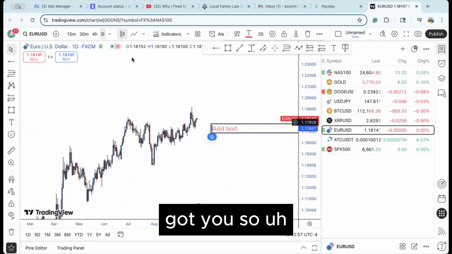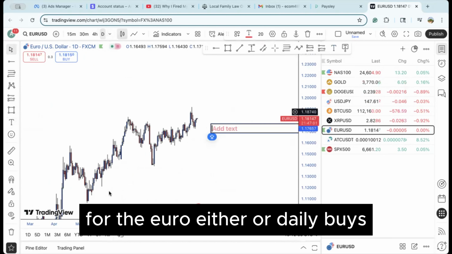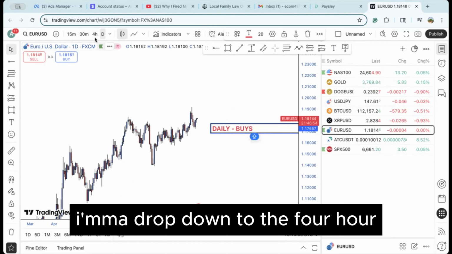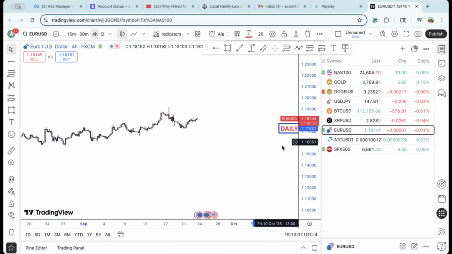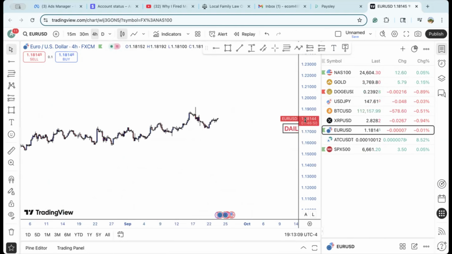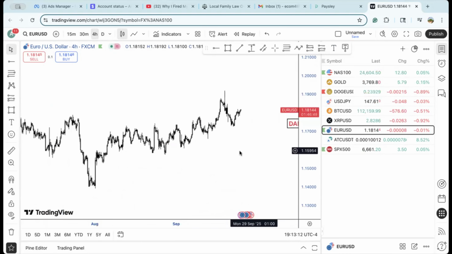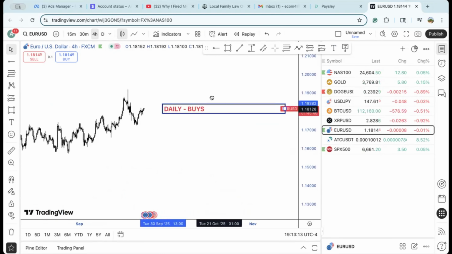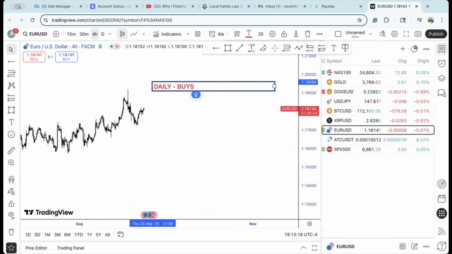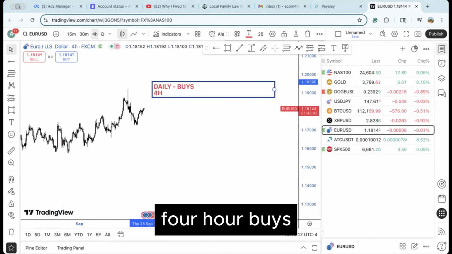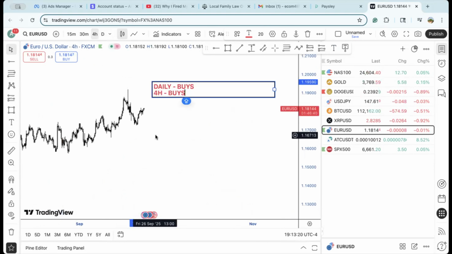Got you. So for the euro, either or daily buys. I'm gonna drop down to the 4 hour. Zoom in. 4 hour buys.